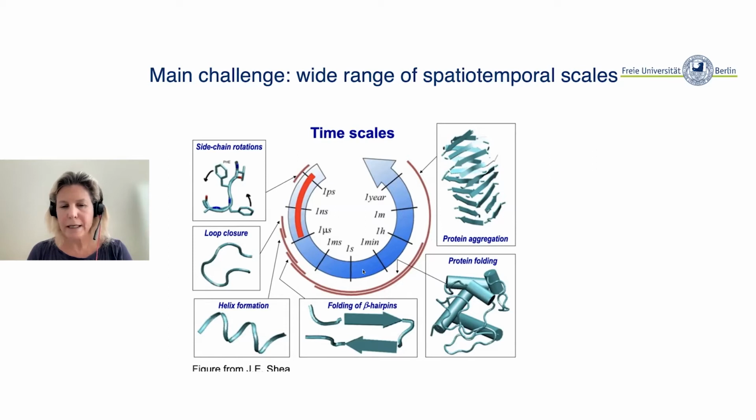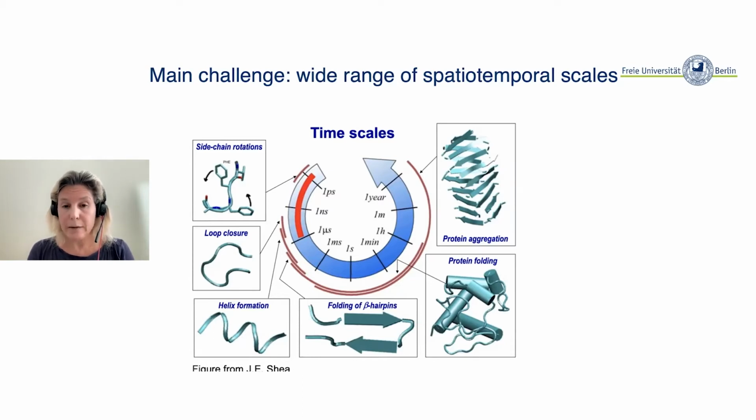And aggregation is even slower. So it is impossible with brute force simulation to put in all the details and just watch what goes on. You cannot sample the overall energy landscape with all-atom molecular dynamics simulation if you want to get relevant biophysical processes.